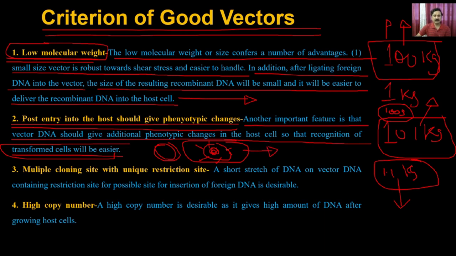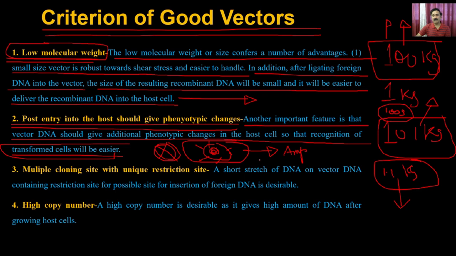For example, if this cell, by having this type of vector, acquires resistance against ampicillin, and I put these two cells under ampicillin, only the transformed cell is going to grow and the other cell is going to die. So that is a very easy way of identifying who got the recombinant DNA versus who didn't.